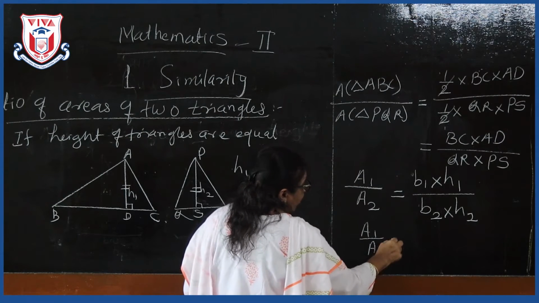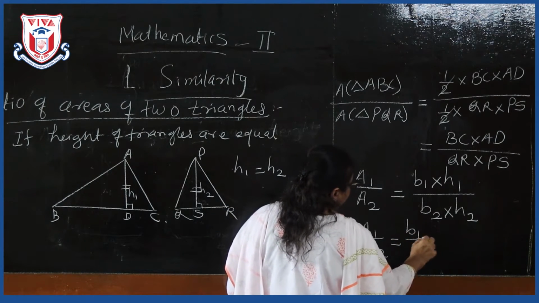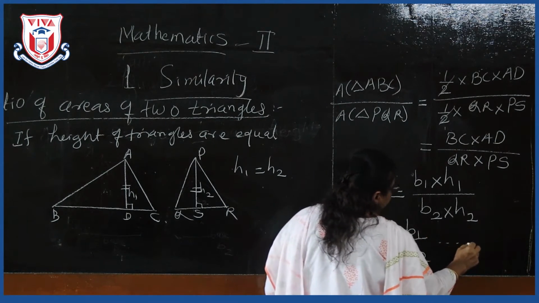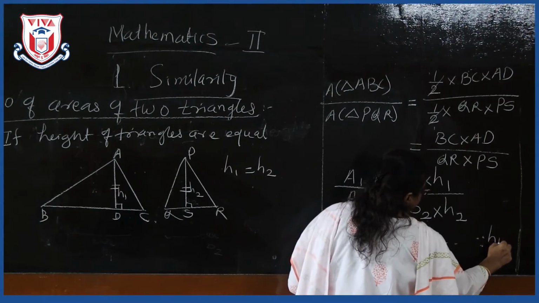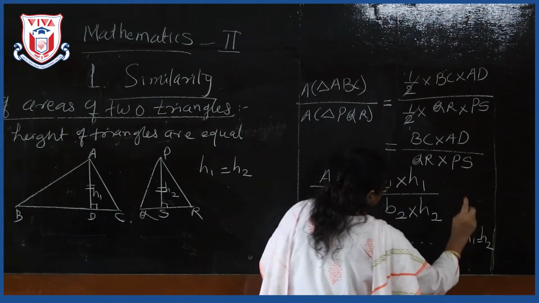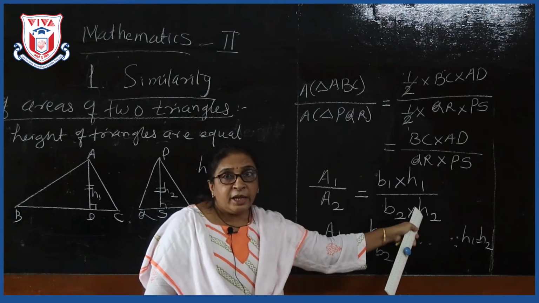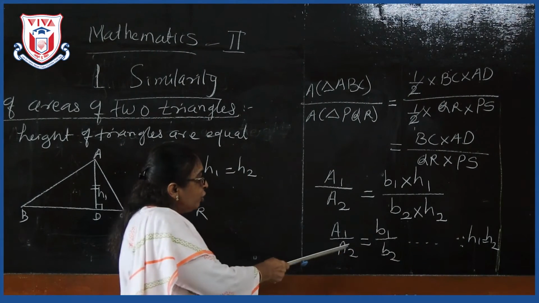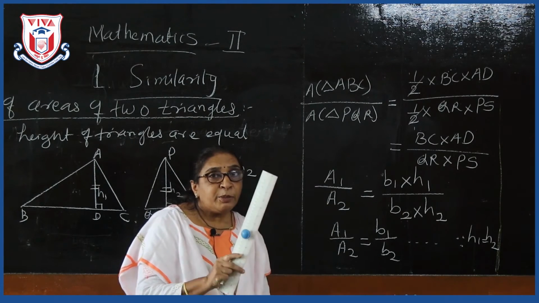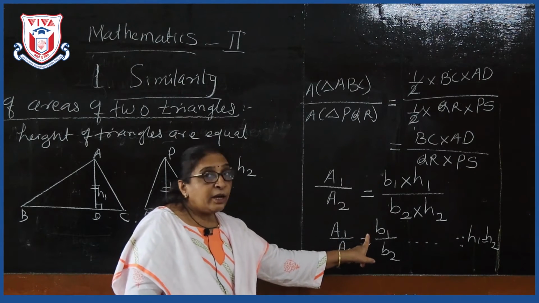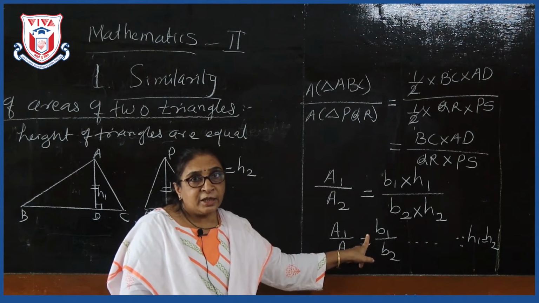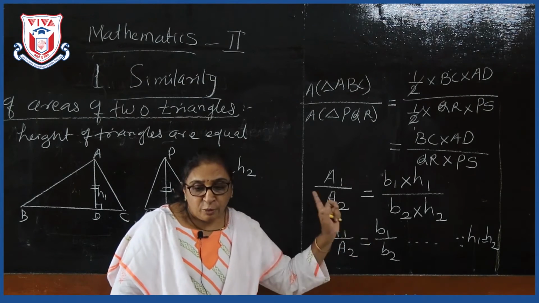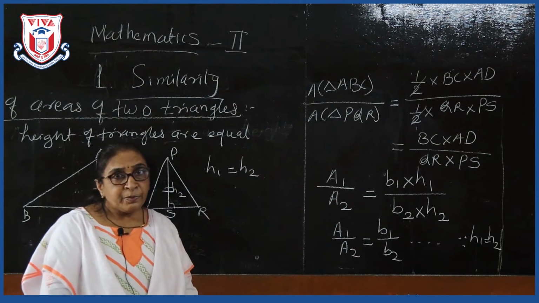A1 upon A2 will be equal to B1 upon B2, since H1 is equal to H2. As they are equal, both will cancel each other, and the ratio of the areas is proportional to their corresponding bases. So this is the second property we get.